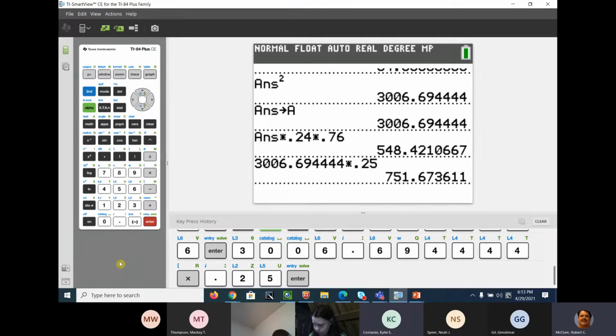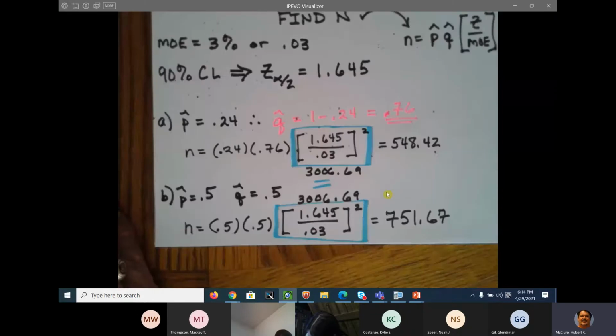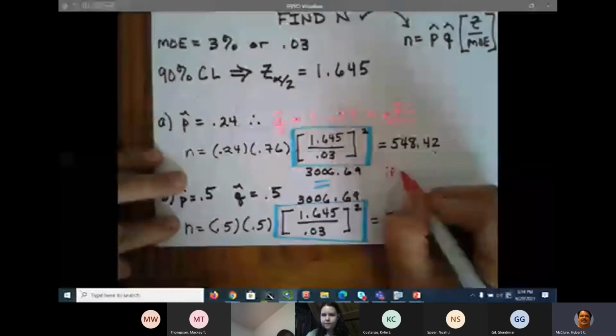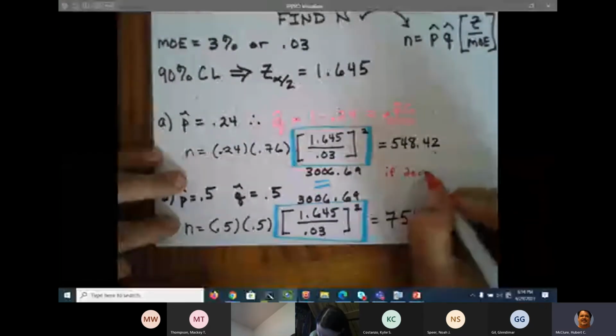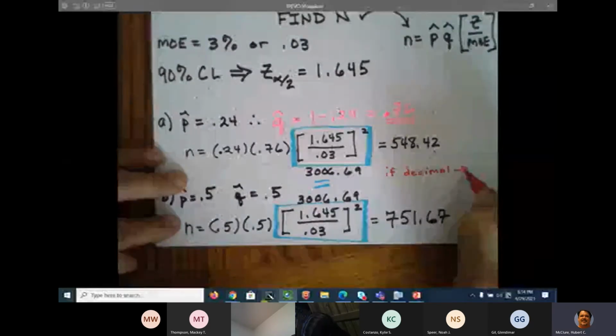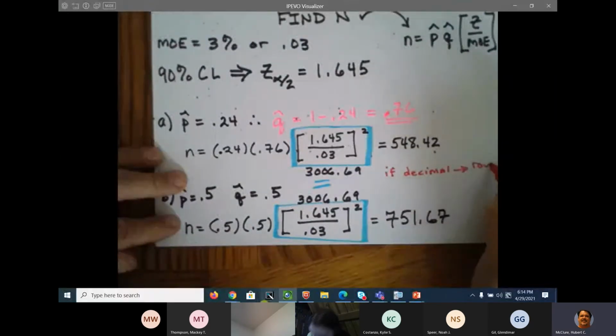Okay, now we're going to talk about something that you need to write in red. Right here. If you come out with a decimal, you will always round up.